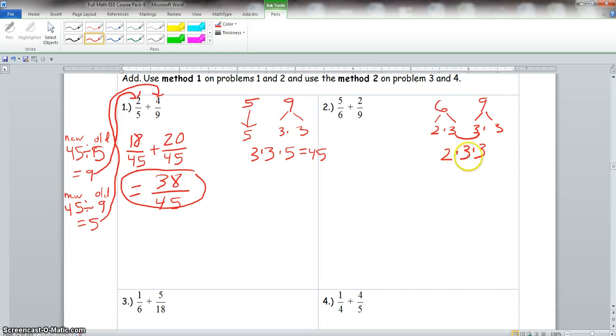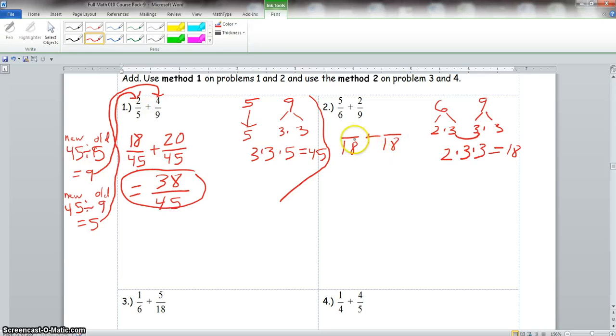Now we multiply. 2 times 3 is 6, times 3 is 18. So our common denominator here, and I'm going to draw this little line here to let you know that this goes with problem number 2, our new denominator of our fraction, is 18.